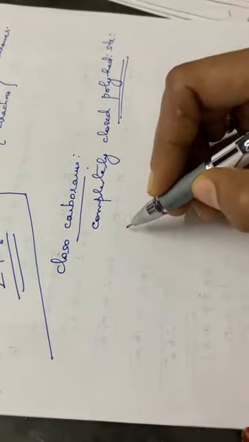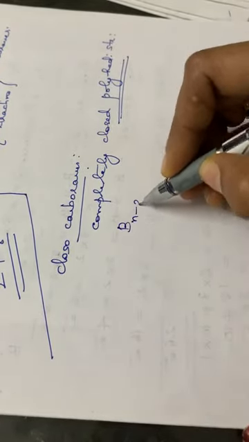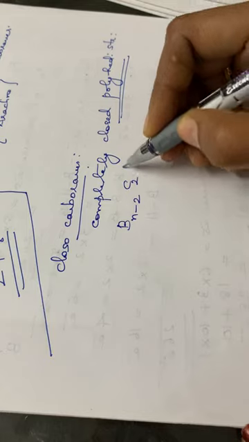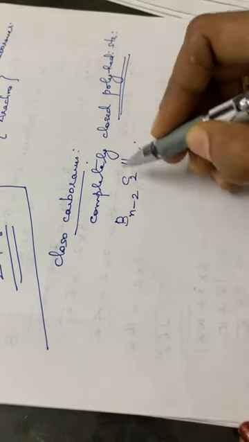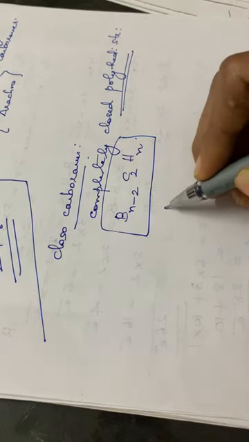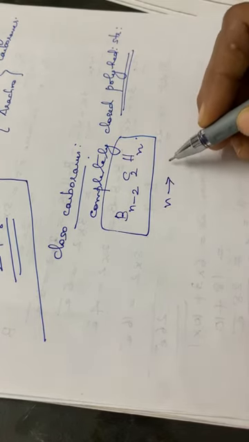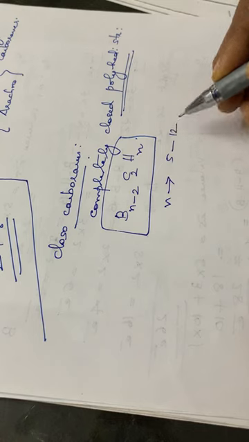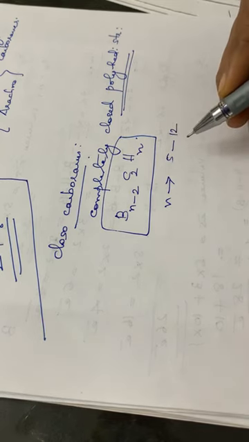The general formula of closocarboranes is Bn-2 C2Hn, and n varies from 5 to 12, n being the number of boron atoms.